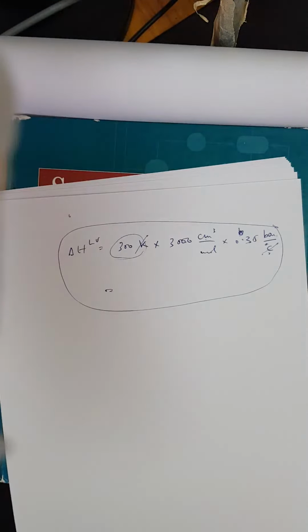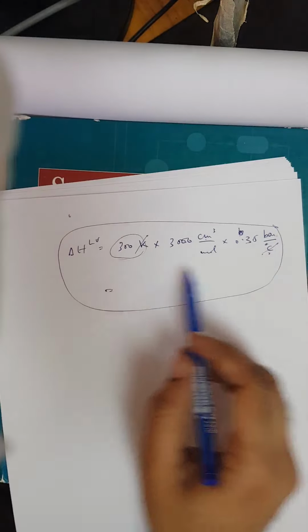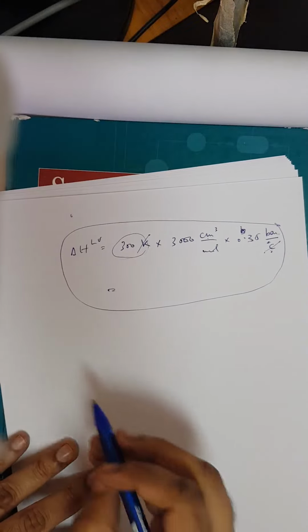So there will be no problem in cancelling Kelvin and Celsius in dimensions. You will face this in the next problem that I already put in my slide. You can solve that problem, and hopefully this is the end of chapter 6.